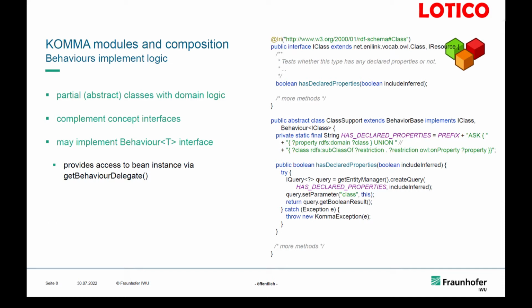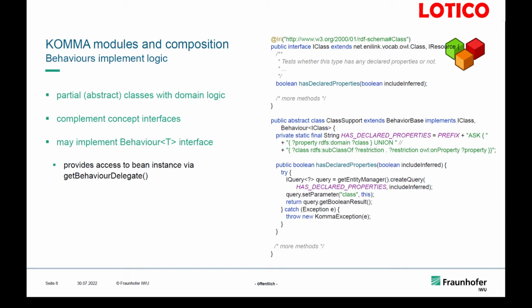So we can implement an abstract class called, in this case, ClassSupport, that implements this interface. This abstract class could just implement the hasDeclaredProperties method and has access to the entity manager by using the method getEntityManager. This behavior also has access to the actually generated bean instance by using the method getBehaviorDelegate, but this is not used in this example.